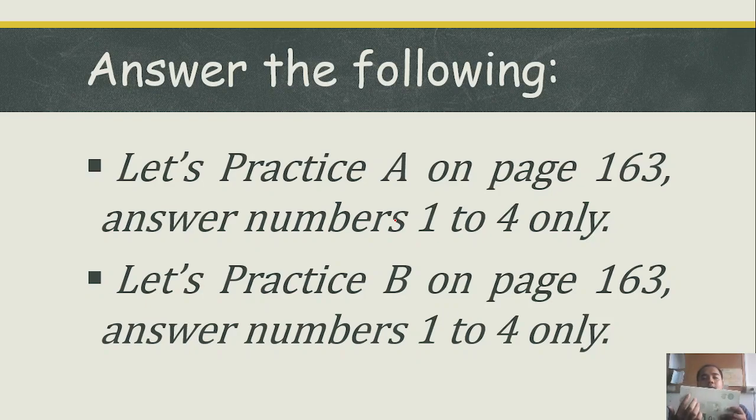Below your name is your grade and section. In front of your grade and section will be the name of the activity. Then in the middle, below those two lines, will be the name of the subject. Please don't forget to write the date, your name, your grade and section, and the name of the activity. Okay?